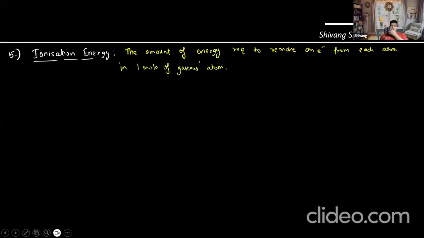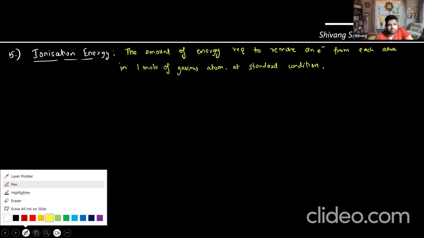So we have 1 mole of gaseous atoms, at standard state, and from each atom we are removing a single electron. That is ionization energy.